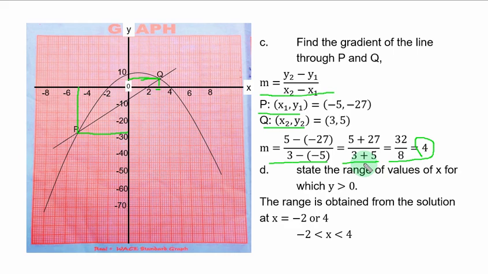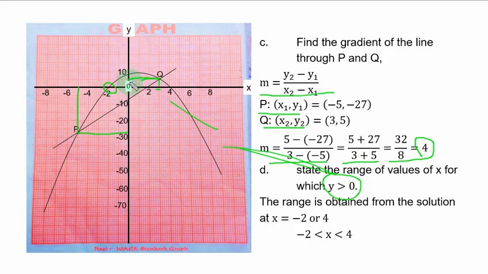D. State the range of values of s for which y is greater than 0. For us to get this range, you have to assume y to be equal to 0. So when y is equal to 0, it means the points where the curve cuts the s-axis. One point is here.